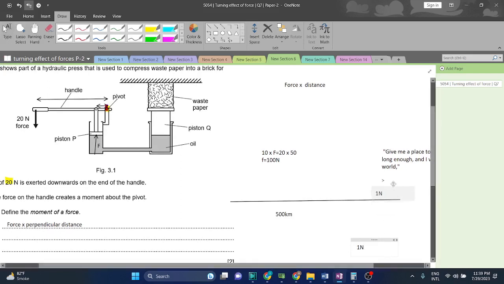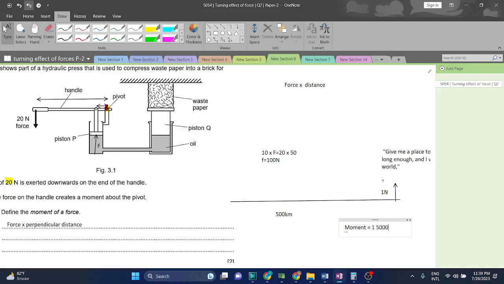So how much moment will be produced? The moment which is going to be produced is force which is 1 into 500,000 meters. So if you have a long enough lever, you can virtually lift up anything.